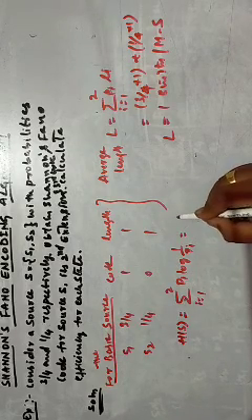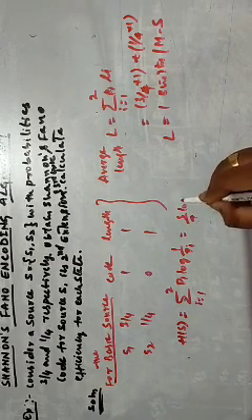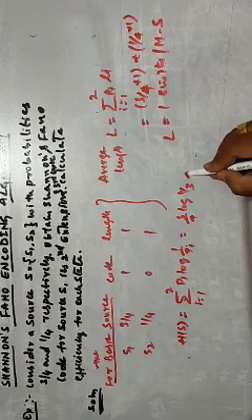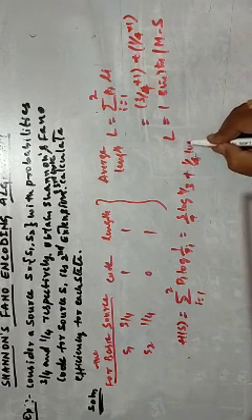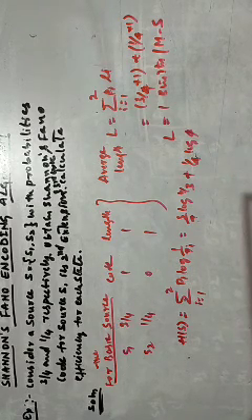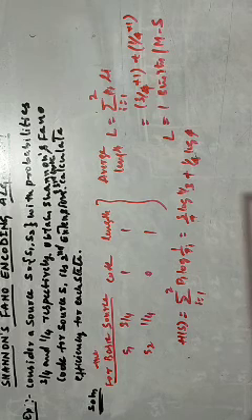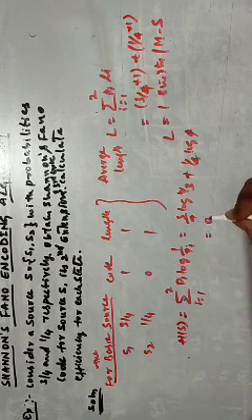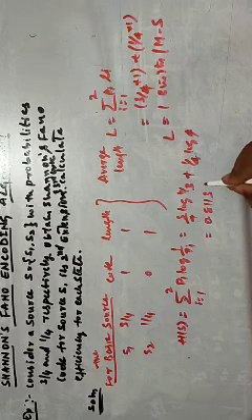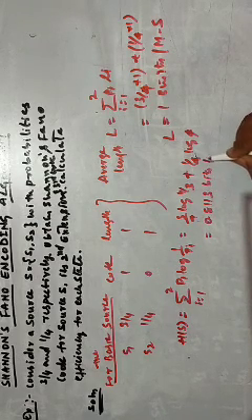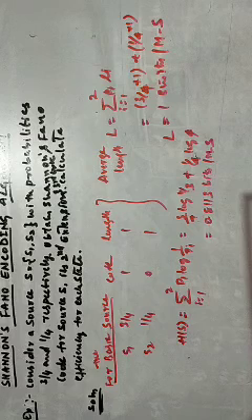You can write this as 3/4 log 4/3 plus 1/4 log 4. 1 upon Pi means 1 upon 3/4, so 4 will come to the numerator and 3 to the denominator. Solving this, we will get 0.8113 bits per message symbol.